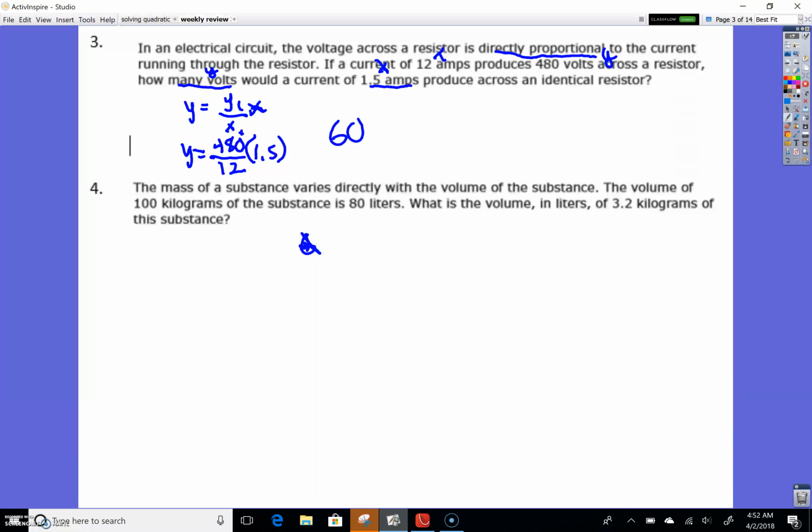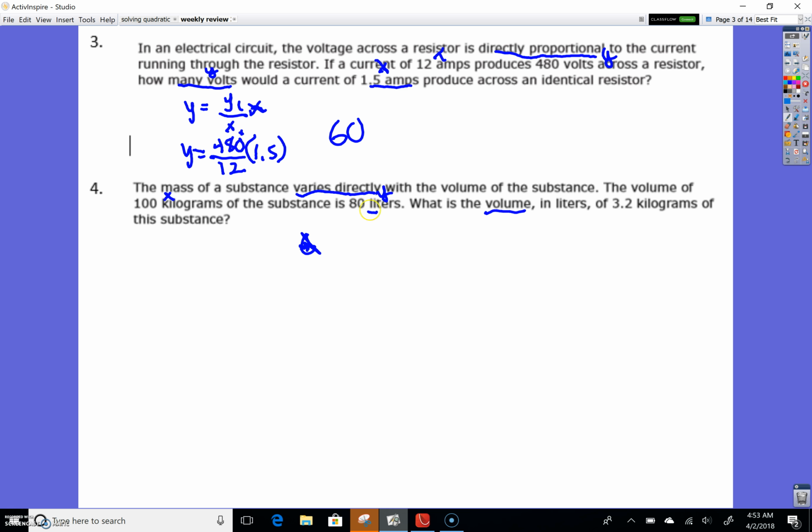The mass of a substance varies directly. See how they use different words. The volume of 100 kilogram of a substance is, so I'm going to just say first, this comes second, x, y. What is the volume? So they're asking for volume in liters.